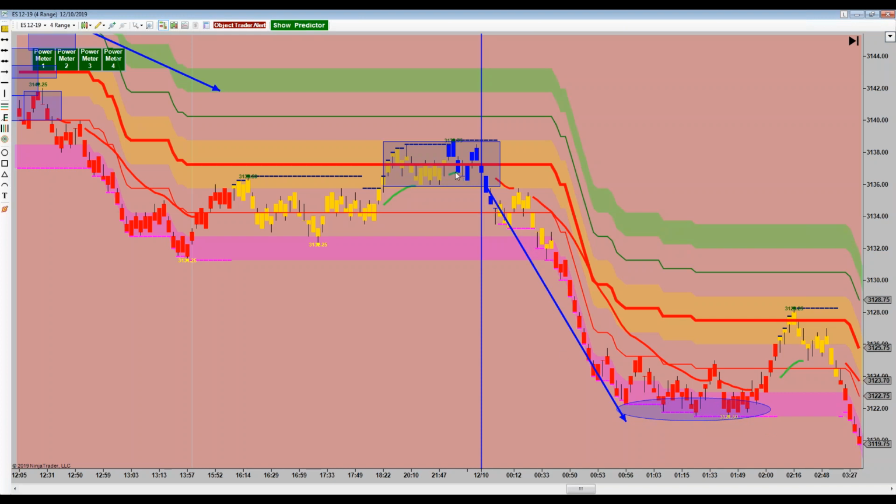People who are short from higher levels are going to start to buy to cover, and when they do, it creates a natural updraft that tends to push it up like that.